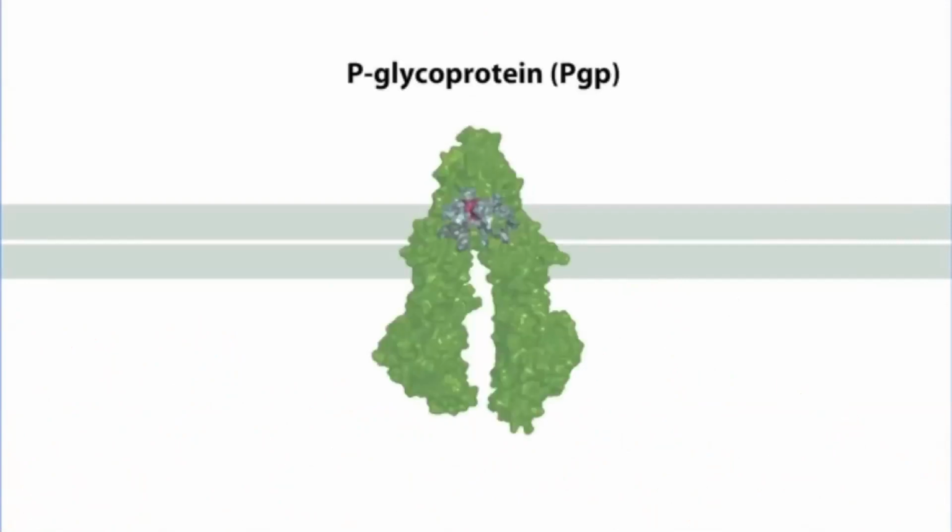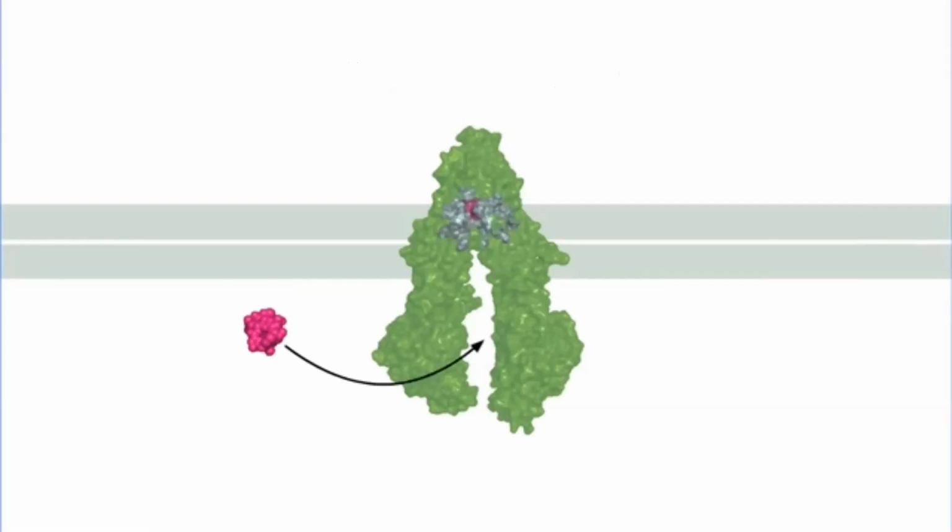P-glycoprotein, PGP, is the most prevalent MDR transporter, and it is expressed at elevated levels in many kinds of cancer cells, especially those that have survived chemotherapeutic treatment. The space-filling model of P-glycoprotein shows the drug molecule, colored in pink, bound to the pump's drug-binding pocket, colored in silver. Such a drug molecule will hit the pump and its drug-binding pocket from the cytosol through the open portal seen at the bottom.